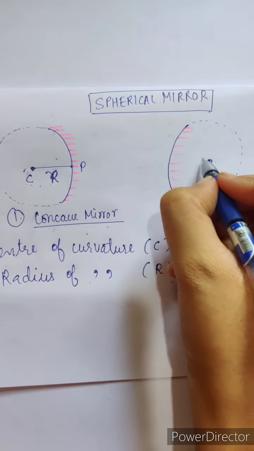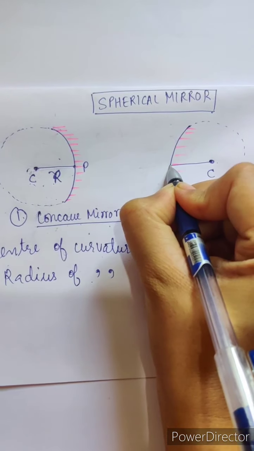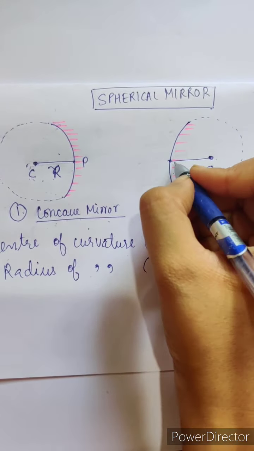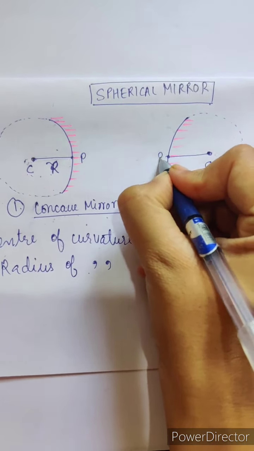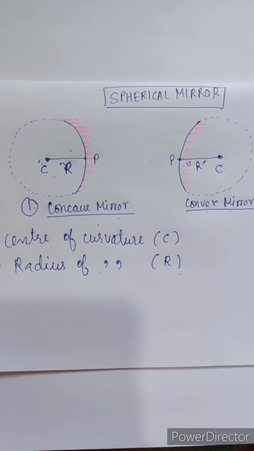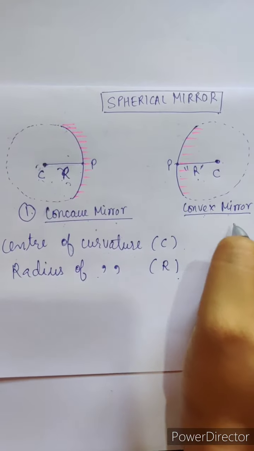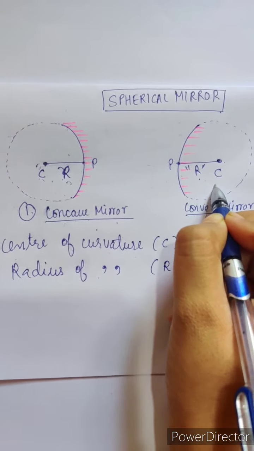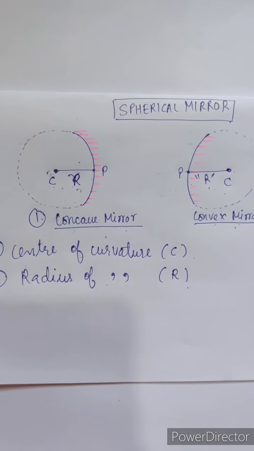Similarly, in the case of a convex mirror, this is the center of curvature. Make a line till any surface of the hollow sphere, and this is point P. So this again denotes the radius of curvature, and this is the radius of curvature of the convex mirror. It is denoted by capital R. So I hope radius of curvature is clear to everyone.